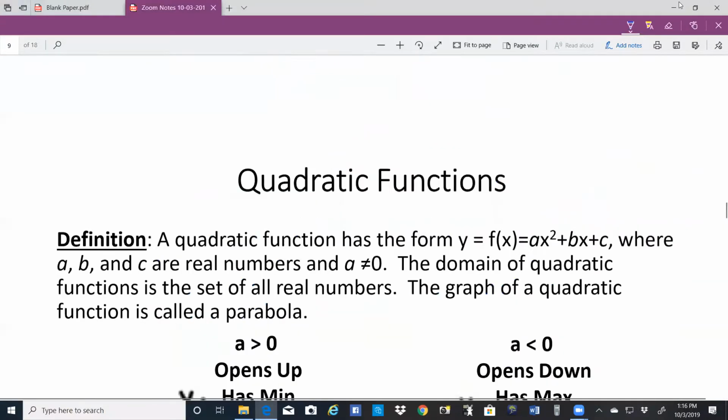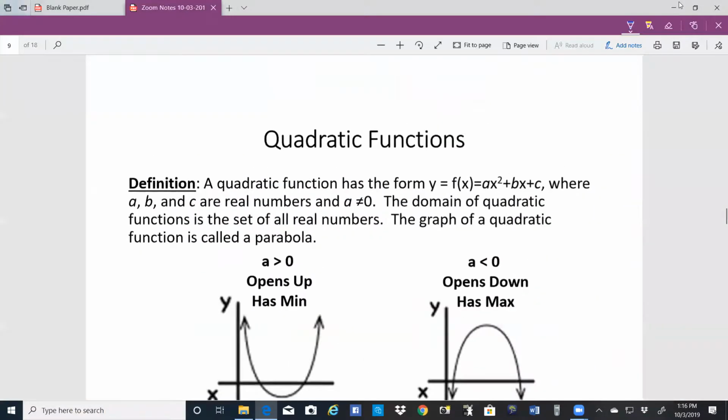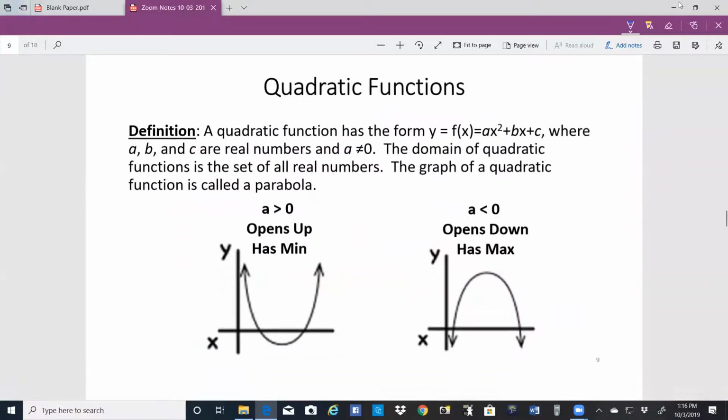Now, has anybody watched the quadratic function yet? I haven't. Okay, do you remember quadratic functions? Honestly, very little. Like I said, I haven't reviewed it yet, though.